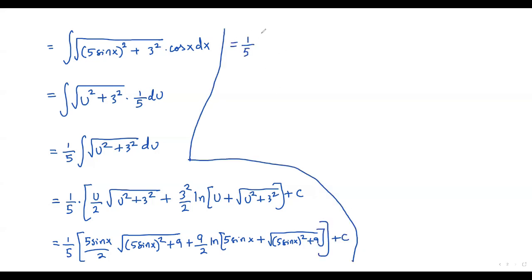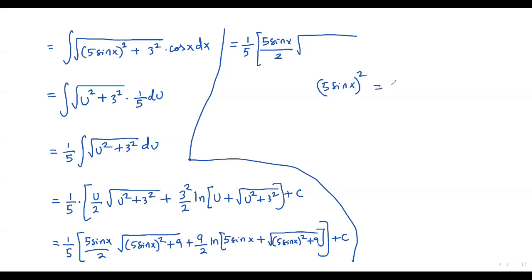So 1 over 5 times 5 sin x over 2 times the square root of, okay, here we have 5 times sin x the whole square. Inside the parenthesis, 5 and sin x are multiplied. Whenever two quantities are multiplied, we have the common exponent. The exponent can be taken separately for this 5 and separately for this sin x.